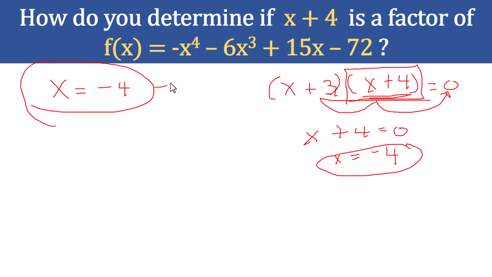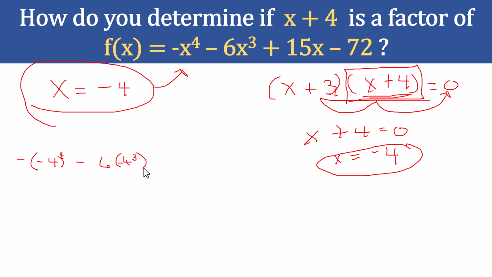We're going to take that negative 4 and substitute it into this function everywhere there's an x. So we start off with negative 4 to the 4th power, minus 6 times x, and I'm going to put negative 4 to the 3rd power.